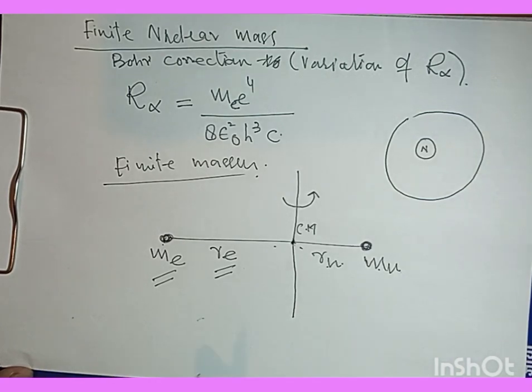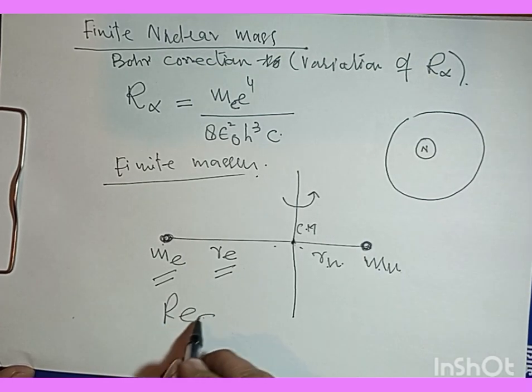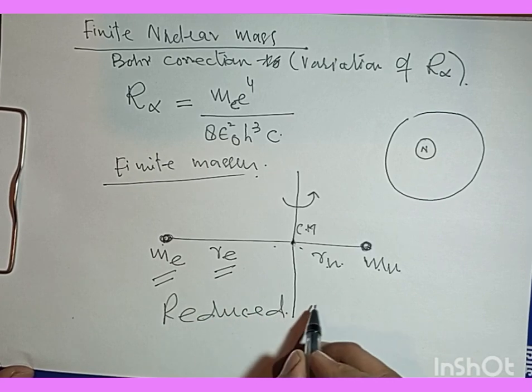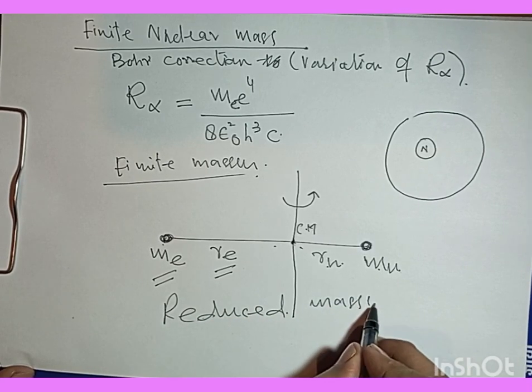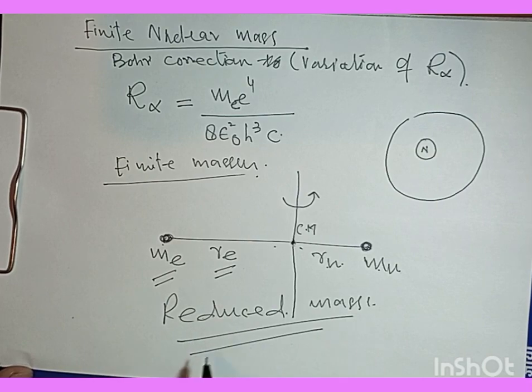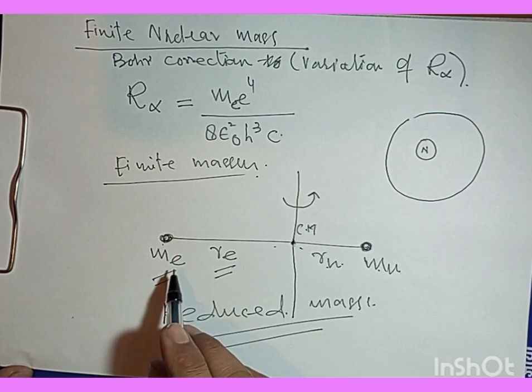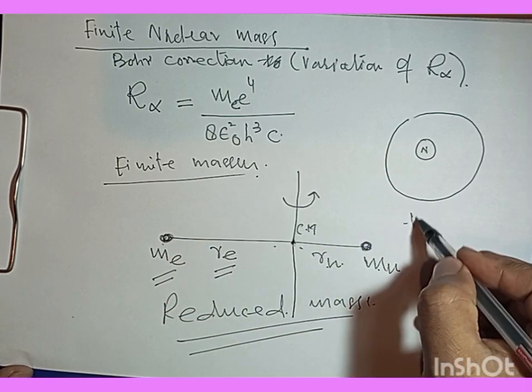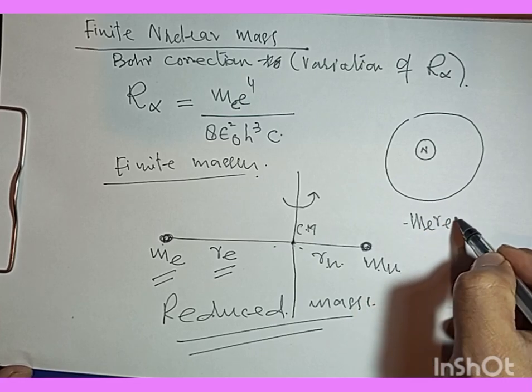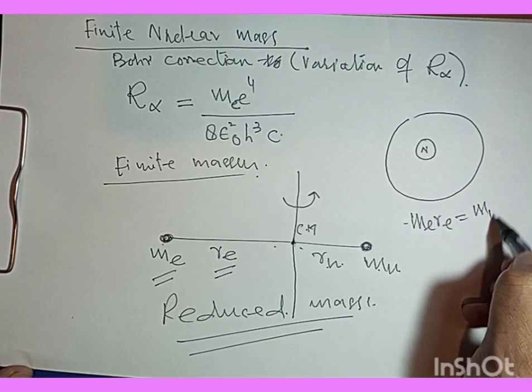So what we are dealing with here is what's called reduced mass. There is one more important thing, that is m_e r_e is m_n r_n.